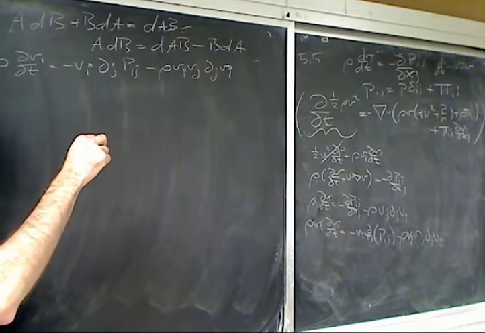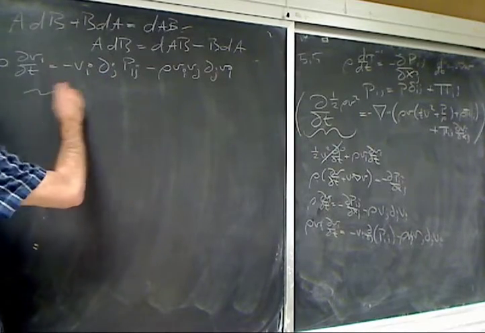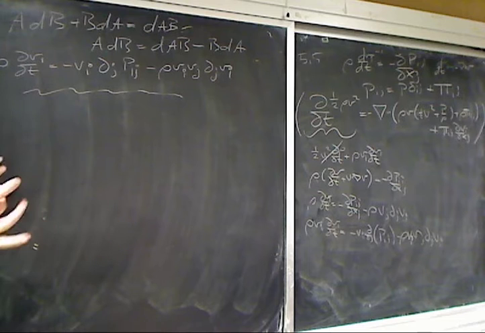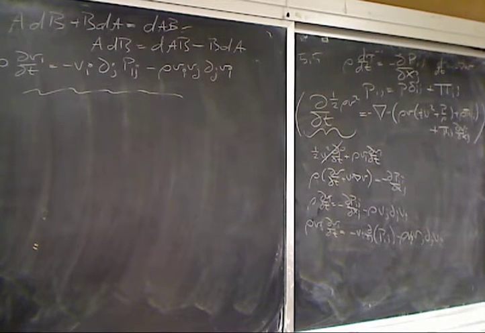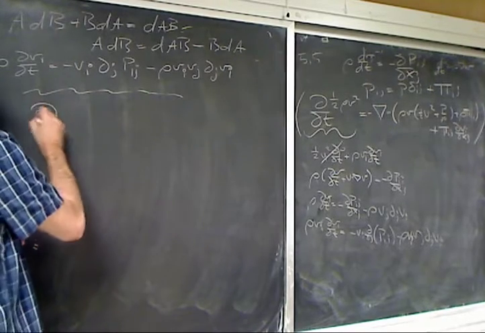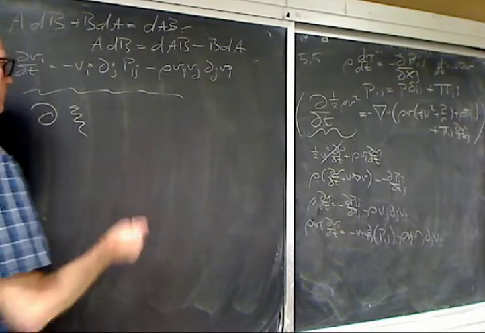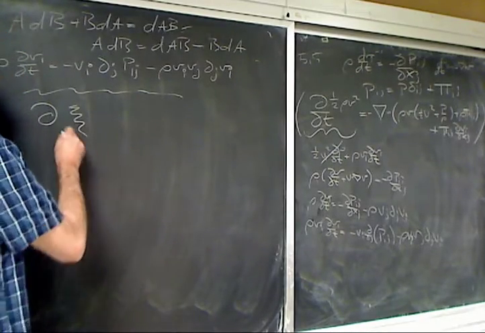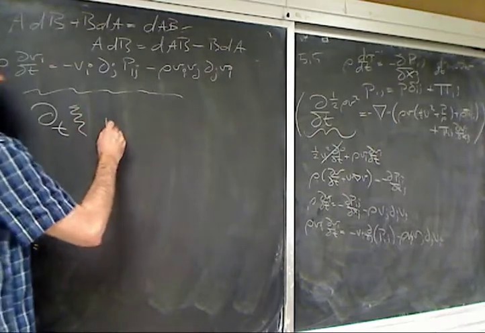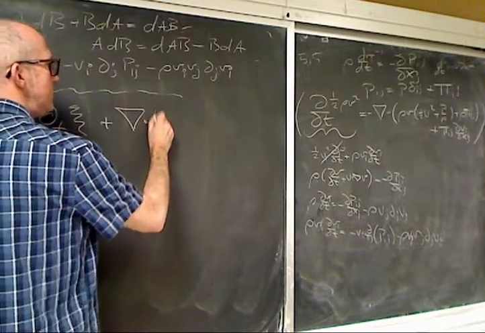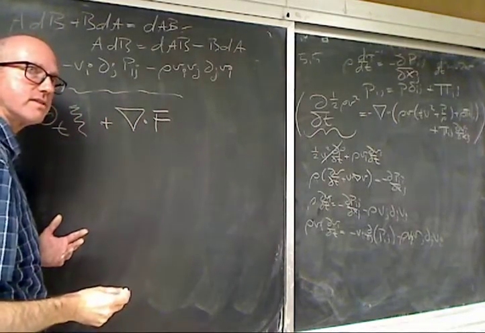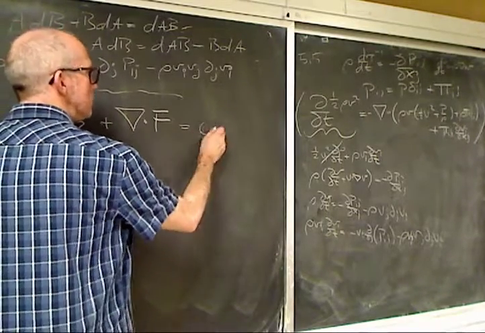So the whole purpose, what are we doing? Let's take an aside for a second. How do I know where to go? How do I know what to integrate by parts? So what I'm going to try to do is I have partial of thing, and I want to rewrite this as d by dt of a thing plus div of a flux equals 0.